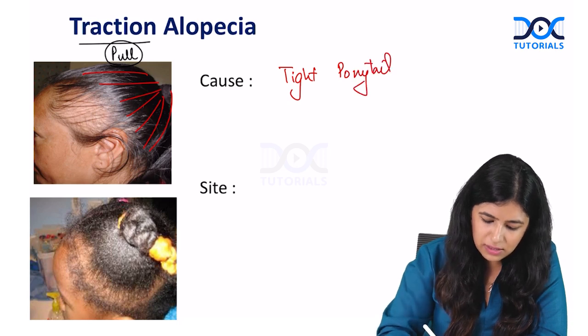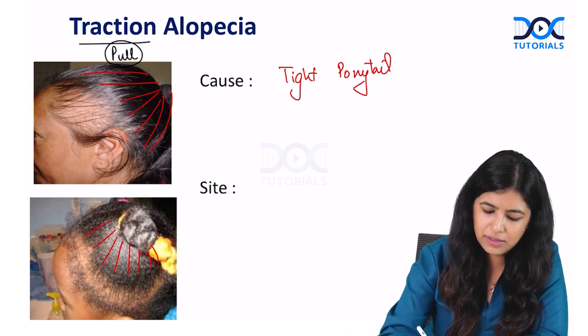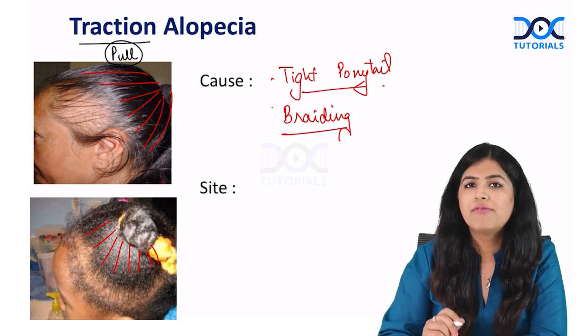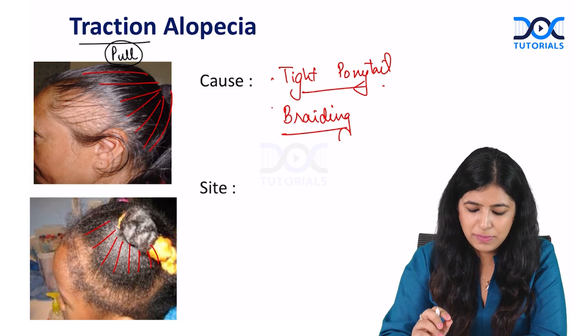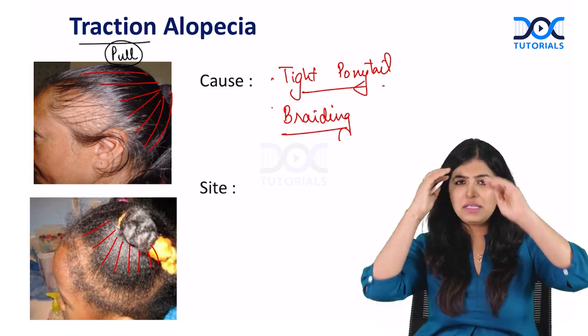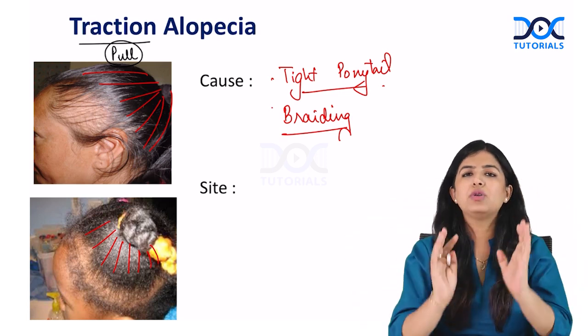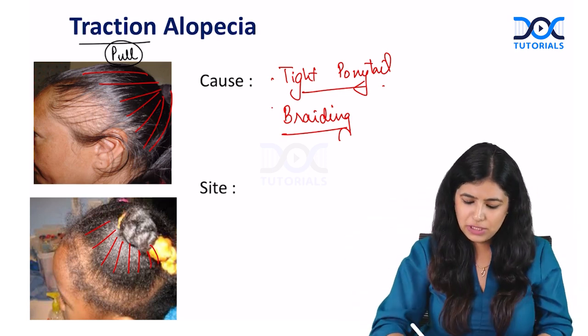Or in this girl that you see, a braiding has been done, which is again pulling the hair. So tight ponytails and braiding are two important risk factors for development of traction alopecia, and generally seen in the temporal sides or along the sides of the braiding, you see traction alopecia.